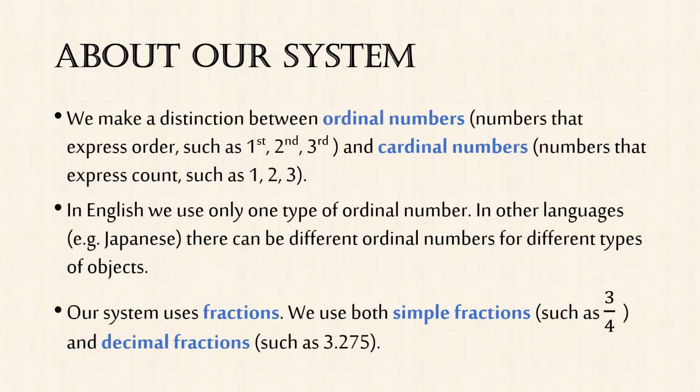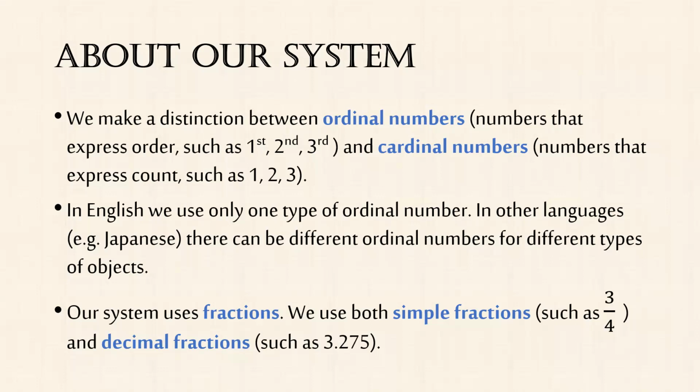We also have an interesting distinction between ordinal numbers and cardinal numbers. So ordinals are like first, second, or third. They express the order in which something is. A cardinal number is how you count things: 1, 2, 3, 4, 5, 6. In some other languages and cultures, there are different types of cardinal numbers.